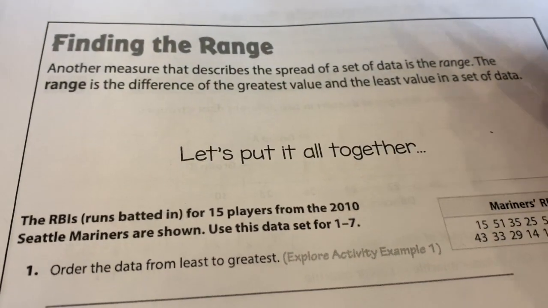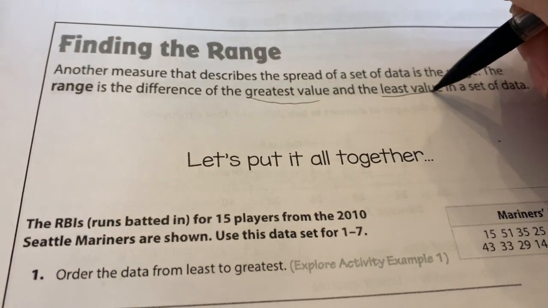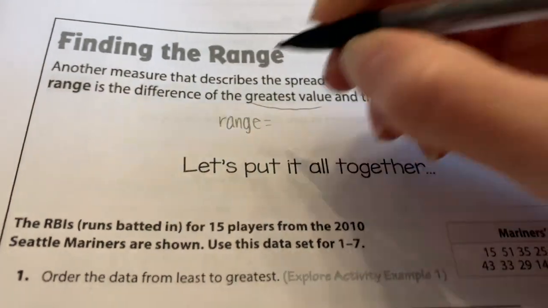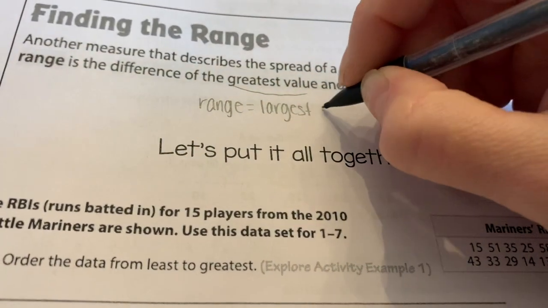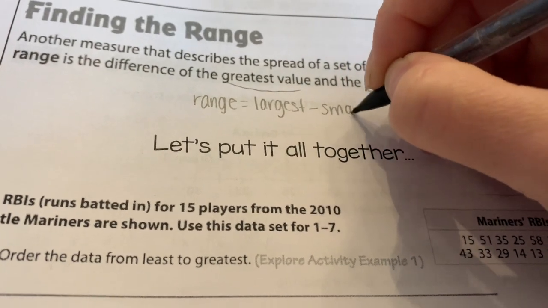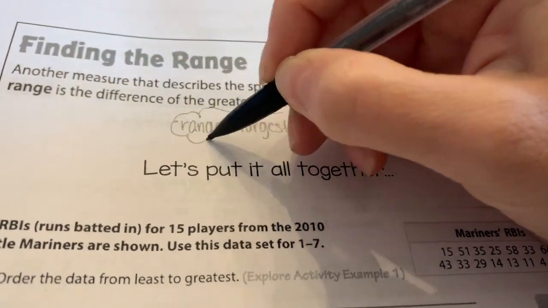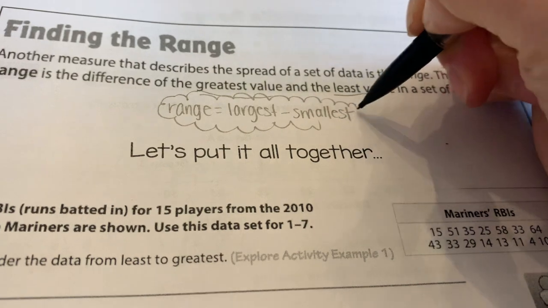So the range is just the difference between the greatest value of data and the smallest one. So range, take your largest value and subtract the smallest. Okay? I should really be writing greatest and least, but hey, it's okay.